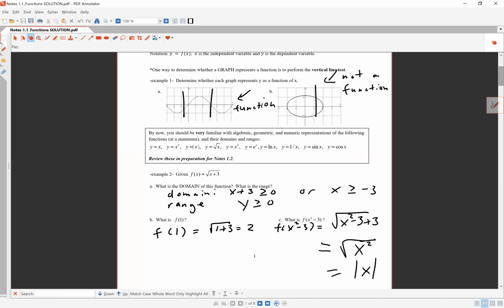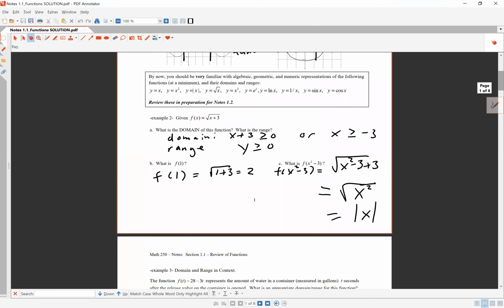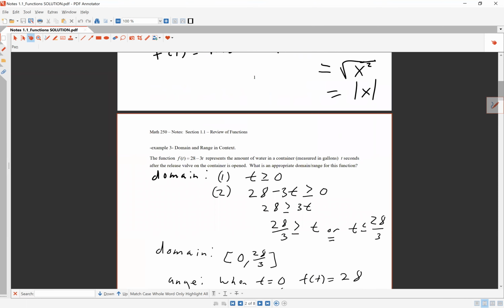Don't leave it as is; we always want to simplify. You get the square root of x squared, which is just the absolute value of x. So if you put -2 in for x, the output is going to be 2.